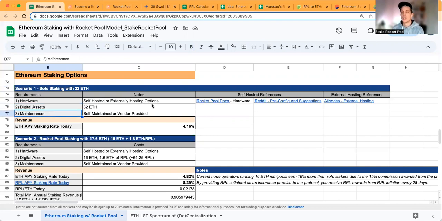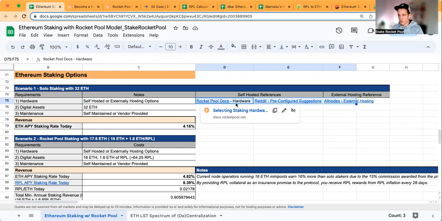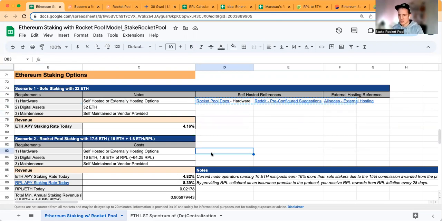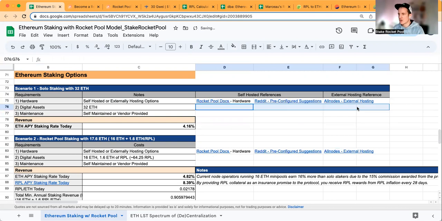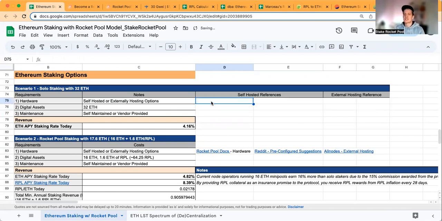What I have here are the guides for Rocket Pool, which are not the guides for how to get your own ETH2 node. There are lots of options available on how to self-host an ETH2 node. You could use something like a Raspberry Pi, or you can use a virtual service as an externally hosted provider.